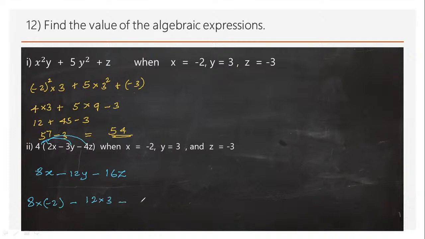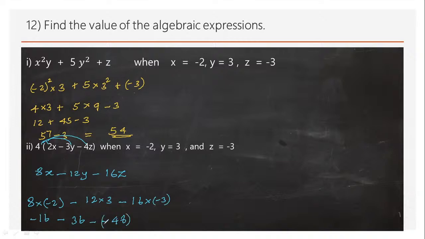Minus 16 into z is minus 3. 8 times 2 is minus 16, minus 12 times 3. 12 times 3 is 36. Minus, and here minus, right? Minus 16 into 3, minus 48.